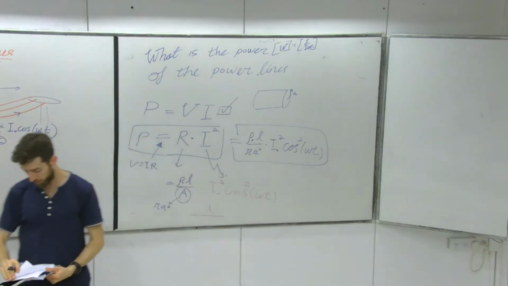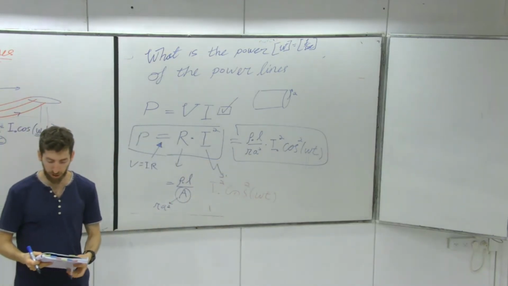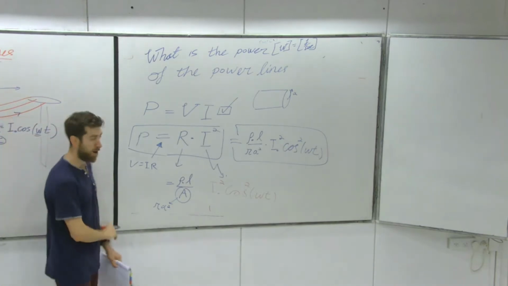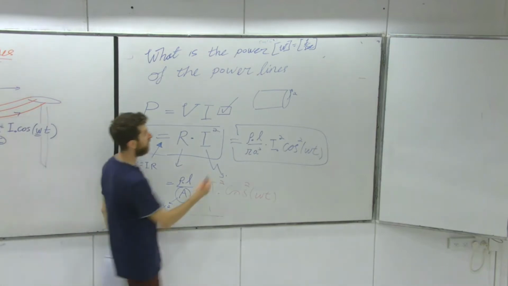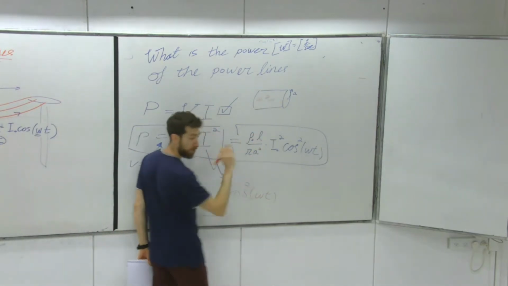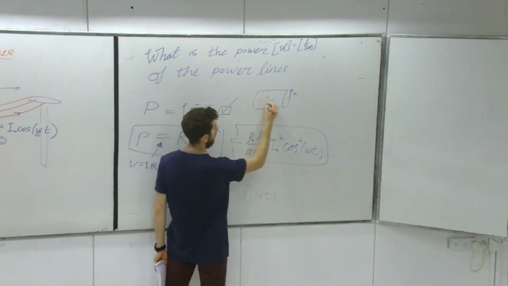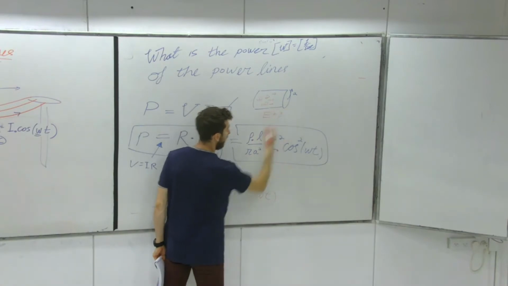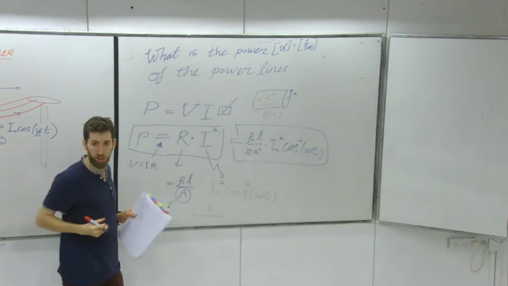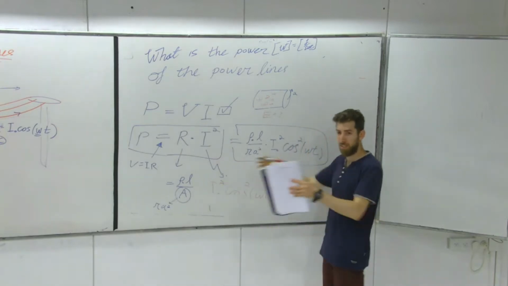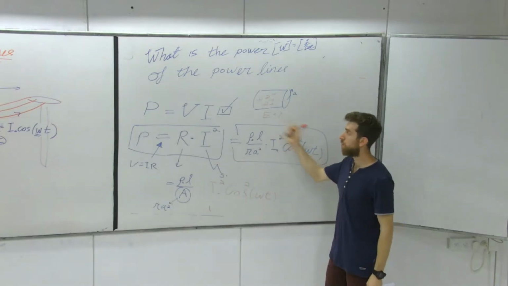So let's move to the next question. The next question asks, okay, we found the power, but we know that if the current is going in that direction, or the other way, then what is the electric field that pushes this charge, right? Something is driving this charge. This is the electric field. So what is the electric field?